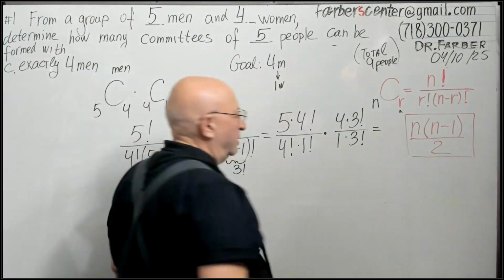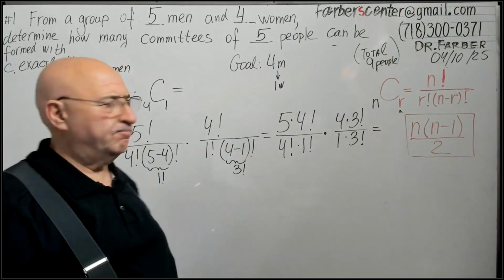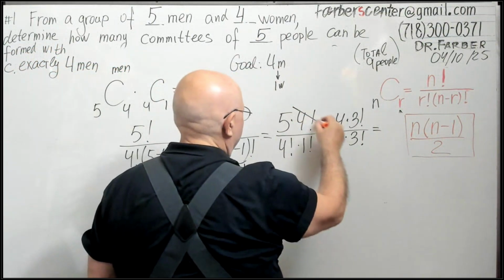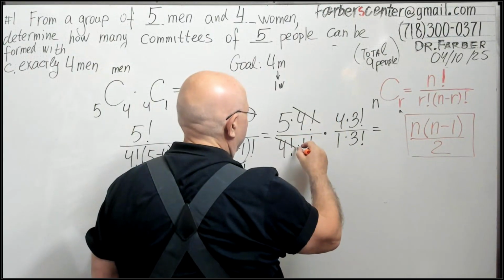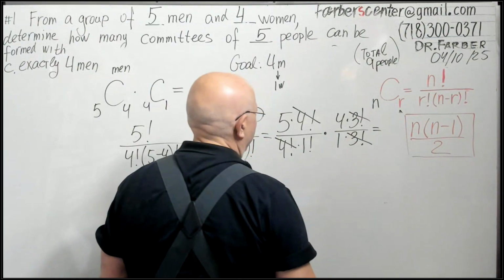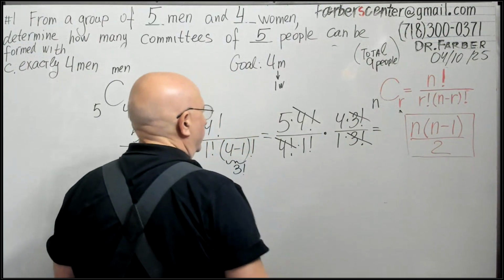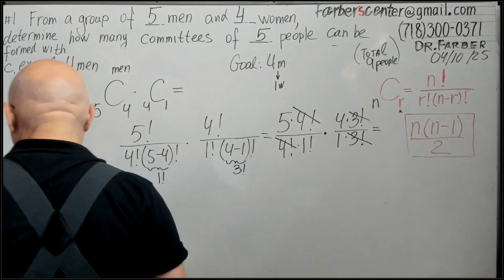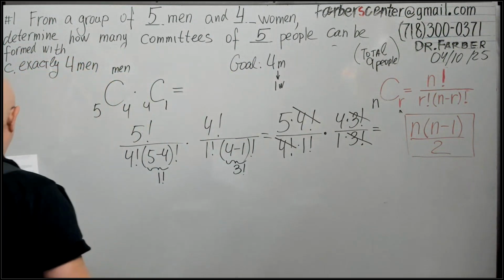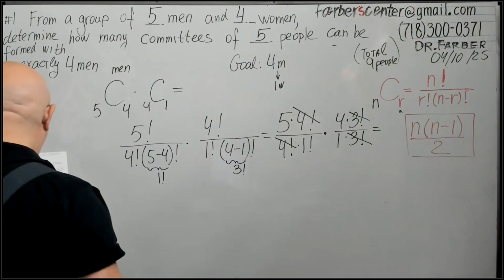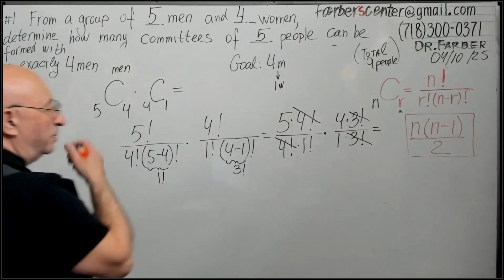So far, so good. Any questions, students? If you don't have any questions, ask me questions. You can use the microphone. 4 and 4 cancel out. 3 factorial cancel out. And now what is left? We have only 5 times 4, which is 20. Okay, good.